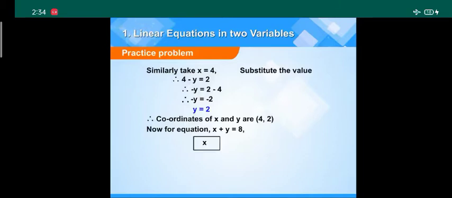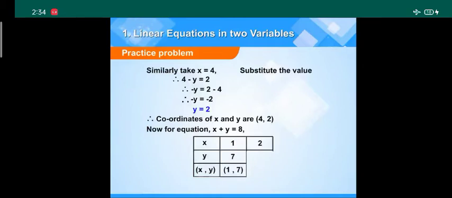Now, for equation x plus y is equal to 8, we have x 1, y 7, coordinates of xy 1 and 7. Similarly, x 2, y 6, coordinates of xy 2 and 6.